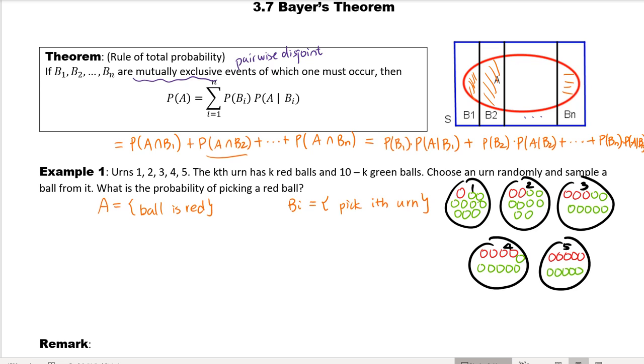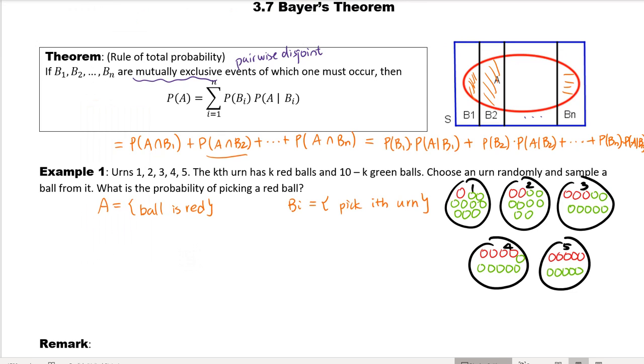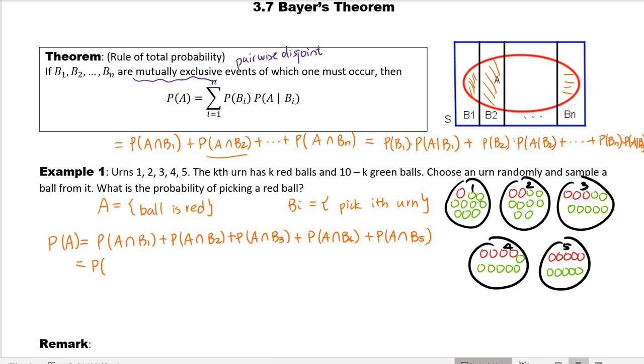Now, how do we solve the problem? We want the probability of picking a red ball, so we're looking for P of A. This is like a potato: P of A is P of A and B1, P of A and B2, P of A and B3, P of A and B4, P of A and B5. For each of them, we can use the multiplication rule.